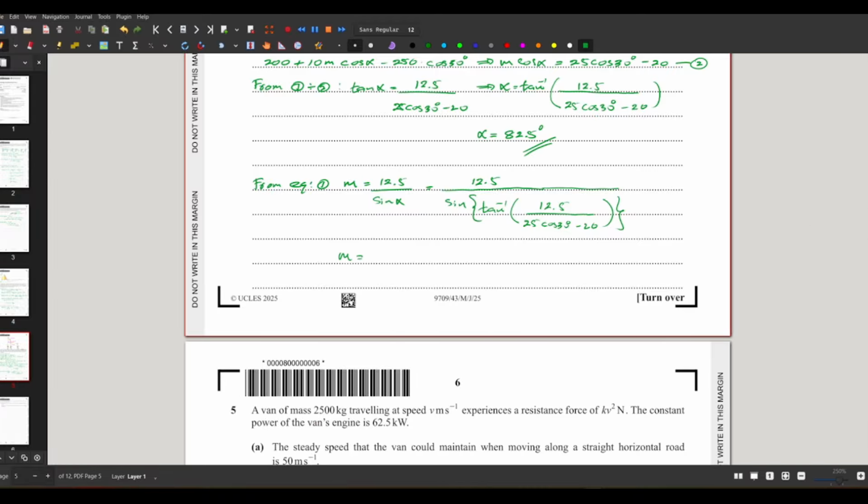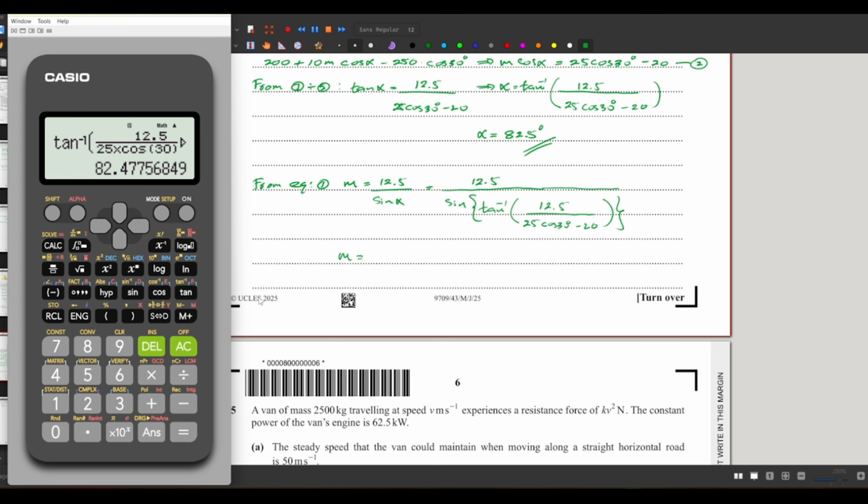Again, for this one also, we use the calculator. We have a big division, so 12.5, and then divide by sine, and inside sine we have tan inverse, and again inside tan inverse we have a division.